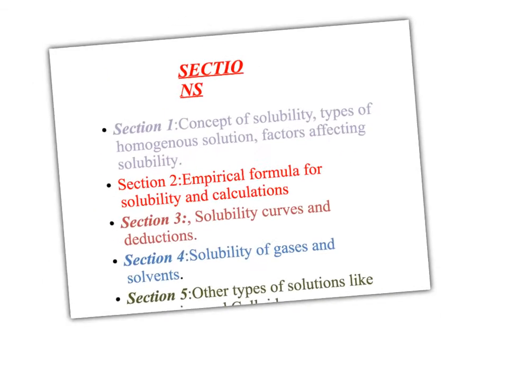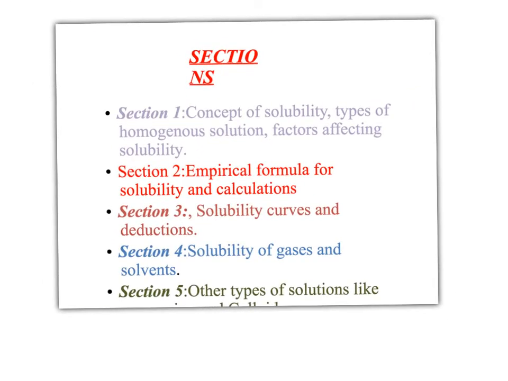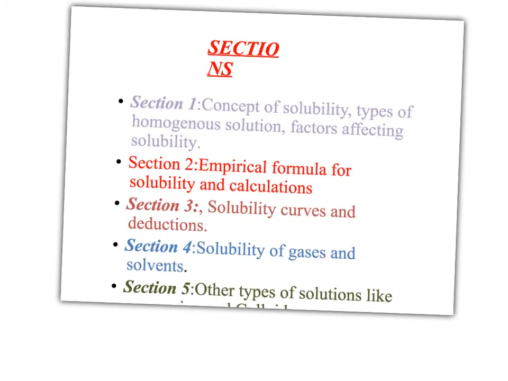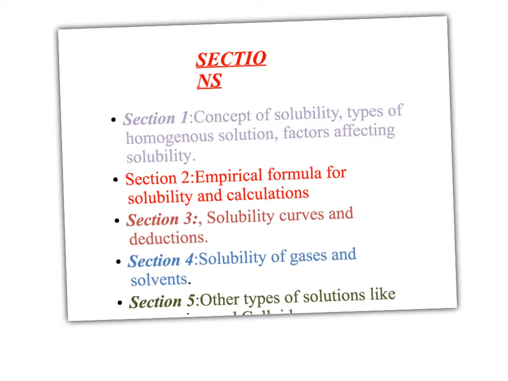So this class is divided into 5 sections for easy comprehension. Section 1 talks about the concept of solubility, the types of solubility, types of homogeneous solution and the factors affecting solubility. Section 2 is a bit of calculations for the empirical formula for solubility and then the solubility product.